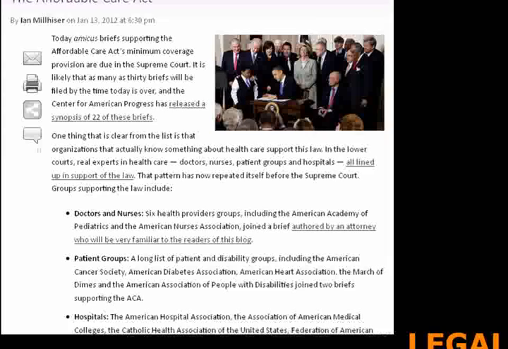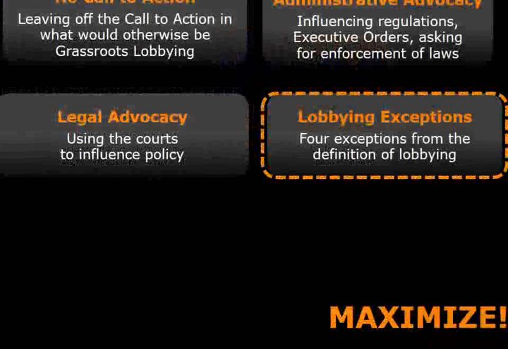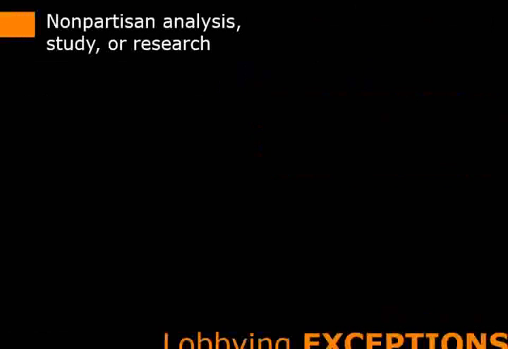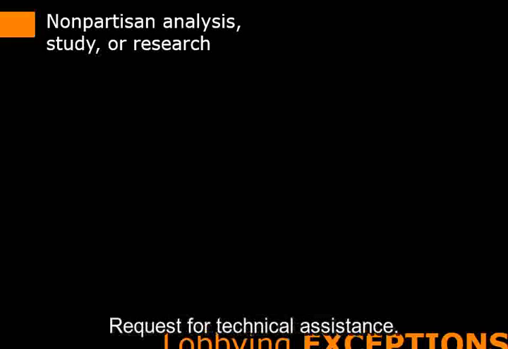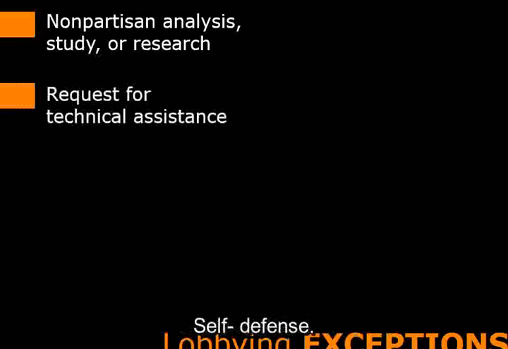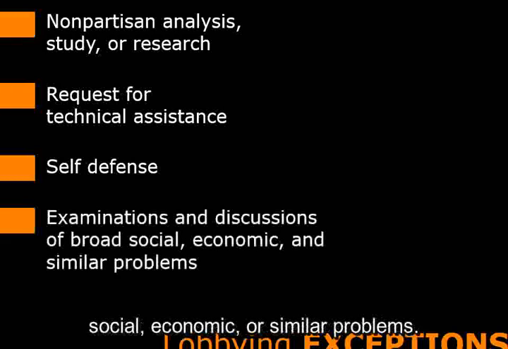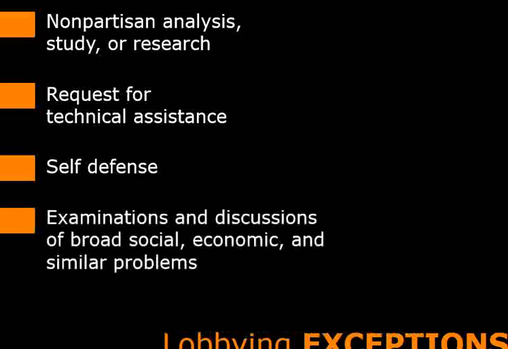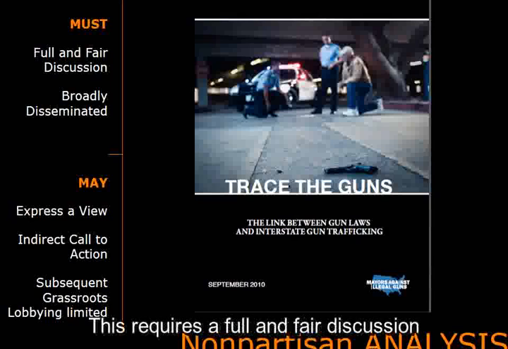So our lobbying exceptions, and these are important to remember. There are exceptions to the lobbying definition, whether it's nonpartisan analysis and research, requests for technical assistance, self-defense, and examinations and discussions of broad social, economic, or similar problems. So, nonpartisan analysis. This requires a full and fair discussion of the facts.